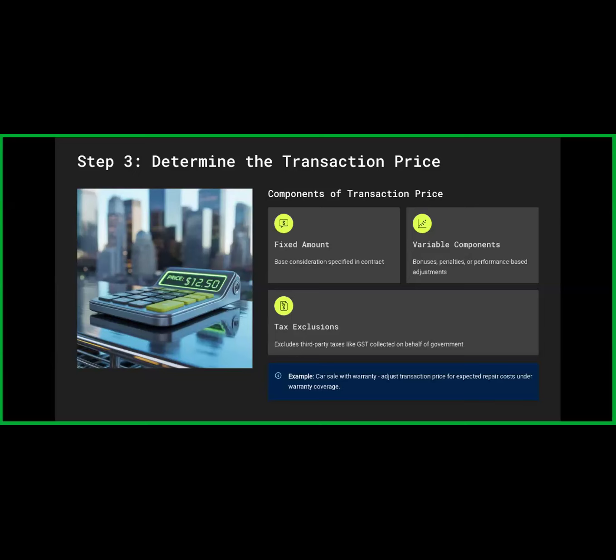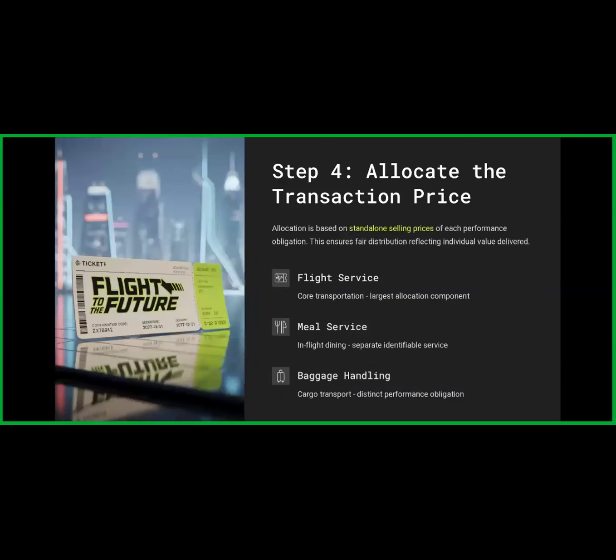So these are the variable components. Your ticket price may go to 520 rupees if you buy more cold drinks, coffees, samosas, and all these things. So this is how, in step number three, the transaction price is determined.